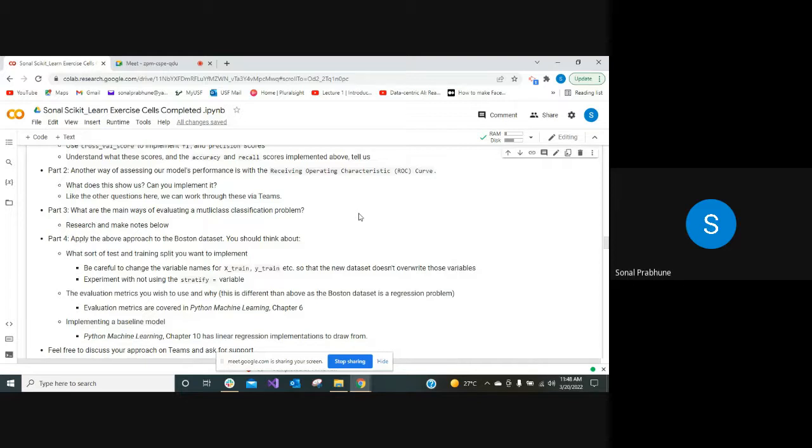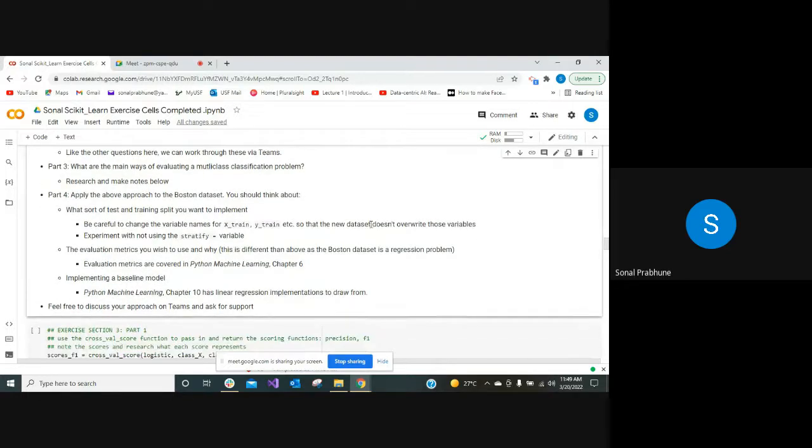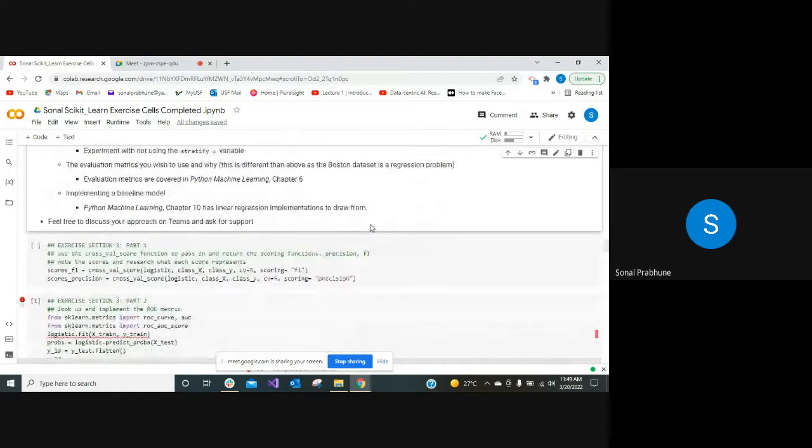Multi-class classification is, for example, when we want to predict a risk from 0 to 5, like the risk of a tumor or something like that. That's a multi-class classification problem.